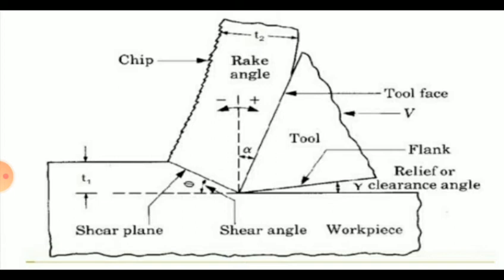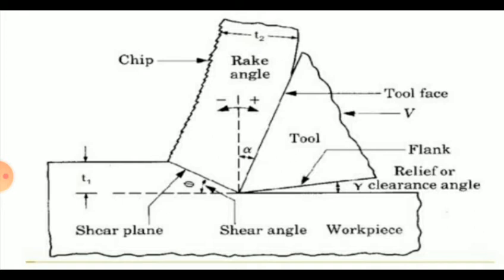Now, regarding the mechanics of chip formation, this is a cross-sectional view of metal cutting. In it, different elements are shown: alpha, the rake angle; phi, the shear angle; then the tool; then the chip, which flows in an upward direction; the shear plane; the workpiece; the flank of the tool; and the relief or clearance angle.